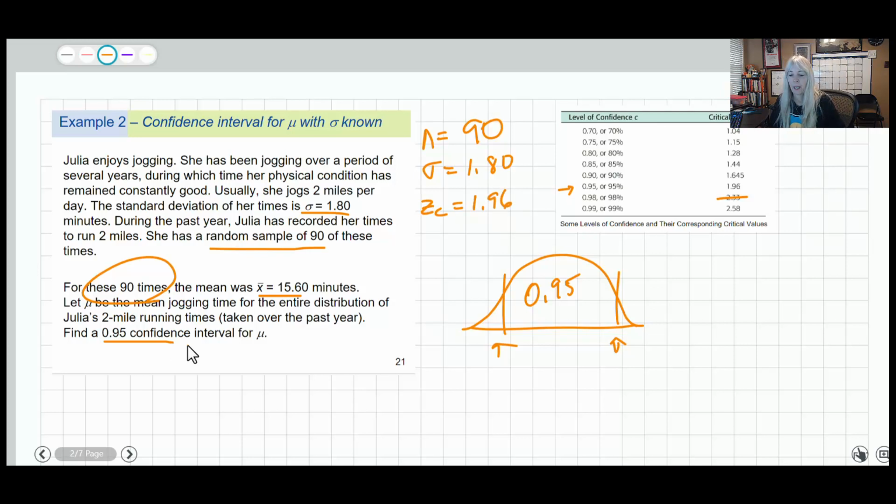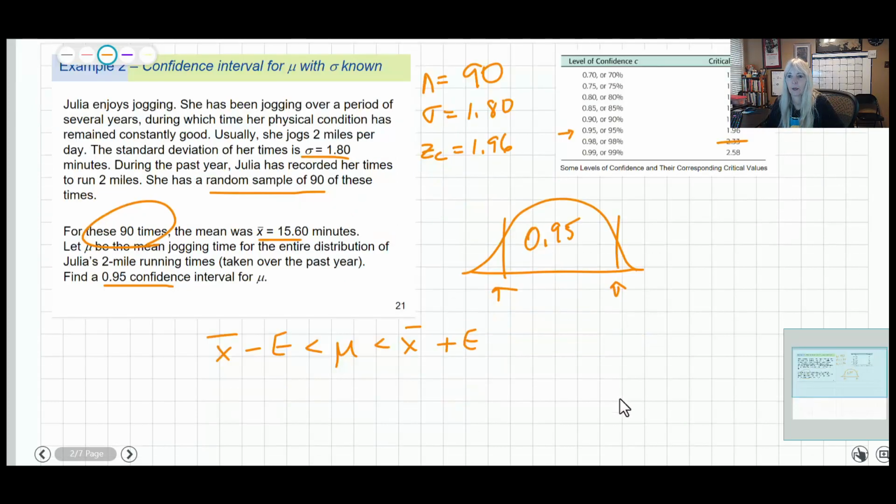1.96. And so from here, what I'm going to conduct now is my confidence interval, which is my mean minus my error, and my mean plus my error. And so from here, I have all my information. I just simply plug stuff in. Now you'll see I tend to shortcut this and I write plus or minus.